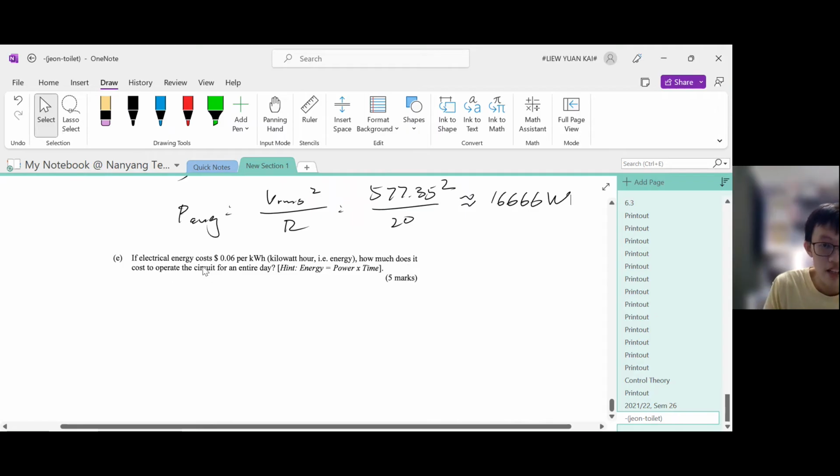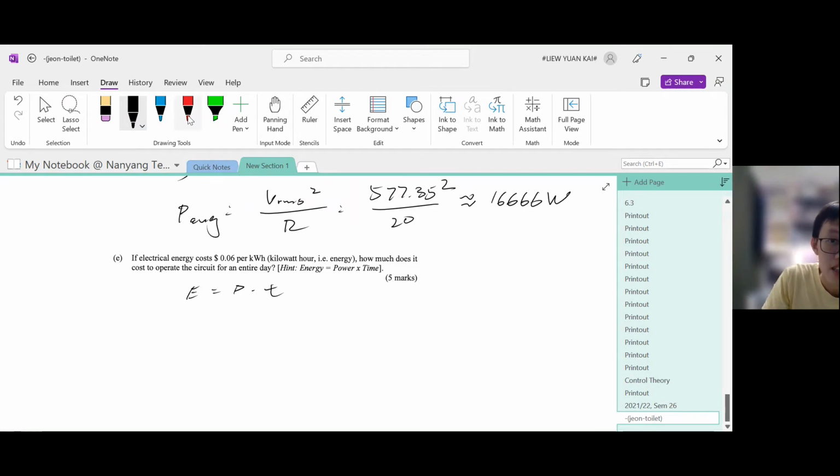Next. Find the electrical energy cost. Okay, if the electrical energy cost this, what is the cost for turning it on the entire day? So they tell us that energy is equal to power times time. Okay, so let's find the amount of energy we use first. Now, you see the cost they give me is in kilowatt hour. So I had to make my units in kilowatt hour, right?